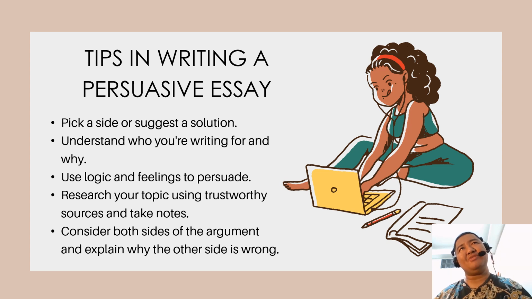Okay, since you already know the five different persuasive devices, I'll be sharing a couple of tips in writing a persuasive essay. Of course, similar to what we have discussed in the past, you have to think of the topic. You have to pick a side or suggest a particular solution that the readers may do. You pick whether you are agreeing or not, and you also have to understand who you're writing this persuasive essay for.